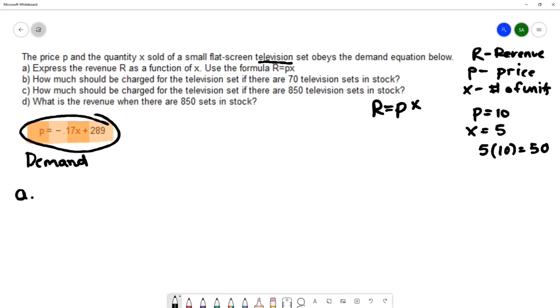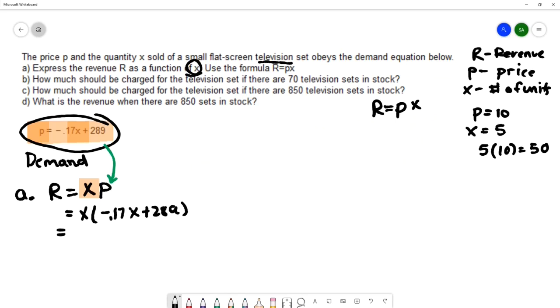So in part A, we want to represent revenue as a function of X. That means we only want the variable of X in our equation. Right now we have X, but we also have P. We can get rid of that P by substituting our demand equation in for P. That's going to give X times negative 0.17x plus 289.